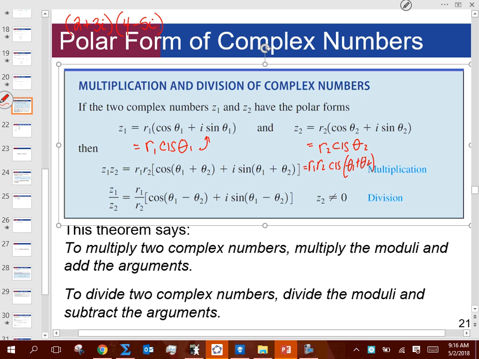Okay, multiply the moduli, add the arguments. And we can really do that, if that multiplication occurs for z1 times z2. Okay, what if I had a z3 and I go z1 times z2 times z3? It's the same concept. Multiply all your moduli together, add all your thetas together, all your arguments, and you should then have that thing in polar form pretty quickly.